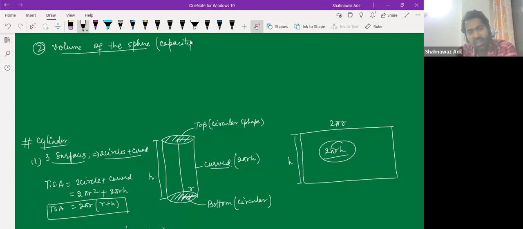Capacity means how much it can take, right? So how many things we can put inside these solids.